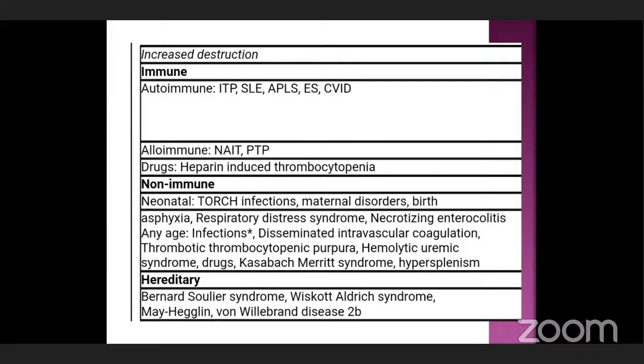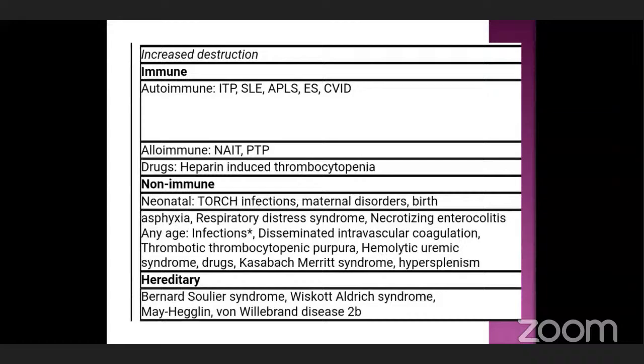And how will the platelets be other than low in number? Microplatelets. Yes, microplatelets. Very good. So the platelets will be small in size, and also their number will be less. That is what is happening in Wiskott-Aldrich syndrome. Apart from that, the patient will have eczema, and also recurrent infections because of immunodeficiency.